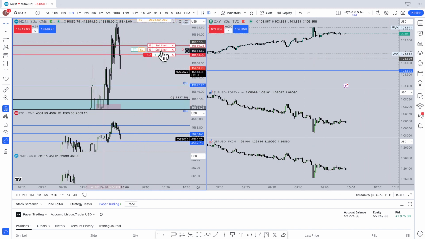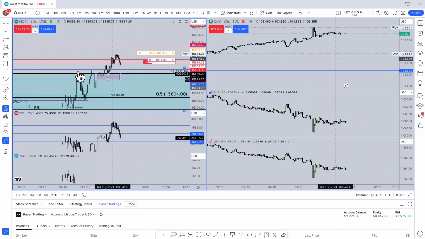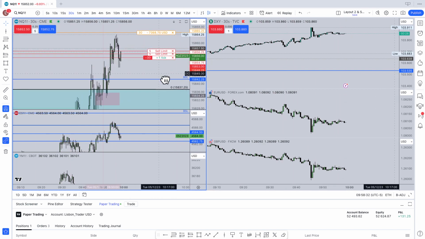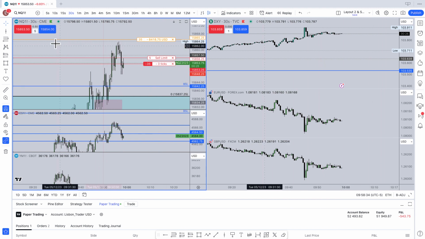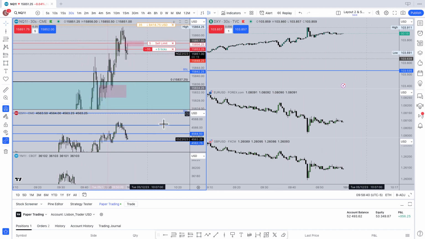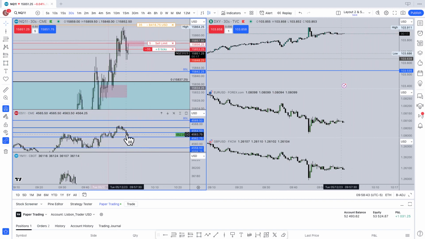Oh, I did it already, so let's remove some. Okay, keep on selling inside this turn. Yes, it's already turning.